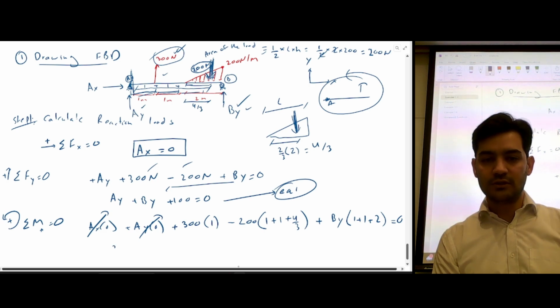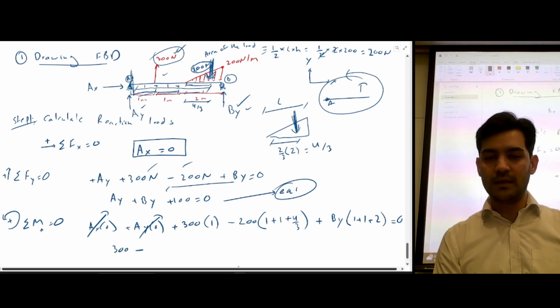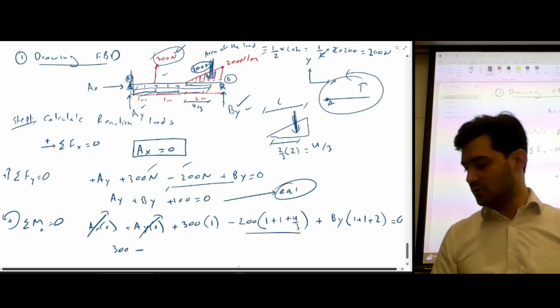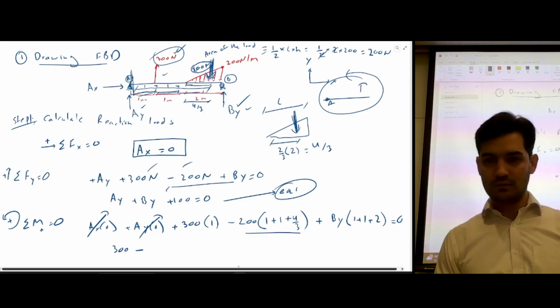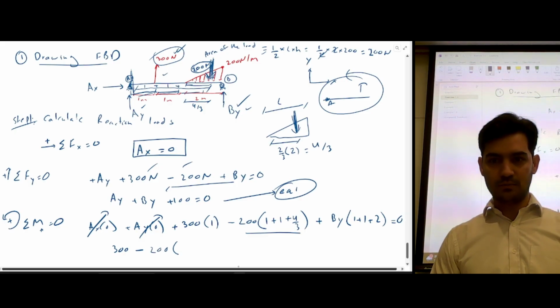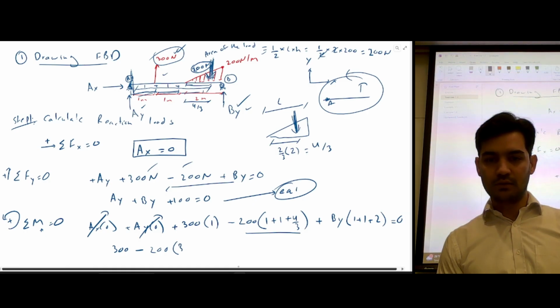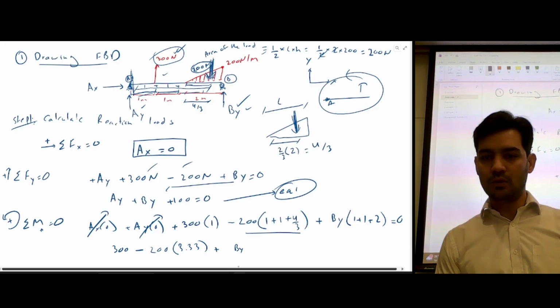If we solve further with a calculator, you have 300 minus 200 into 1 plus 1 plus 4 by 3, which is 3.33, plus By into 2 plus 1 plus 1, which is 4, is equal to 0.